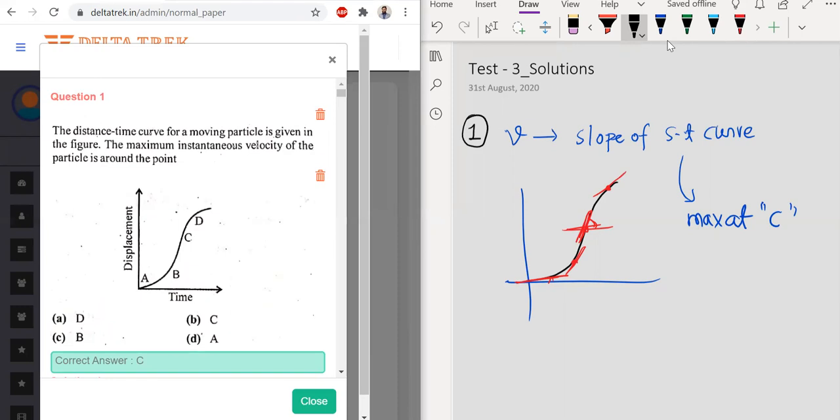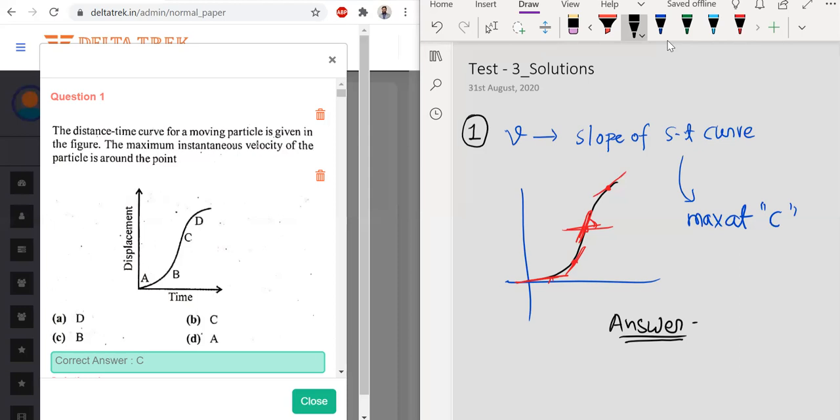There are changes in this question, I guess. The answer key is going to be changed, because the maximum instantaneous velocity of the particle is around point C. C is the highest, and C is given in option B. So this question will be changed, and you will see your answers and marks updated as per this.